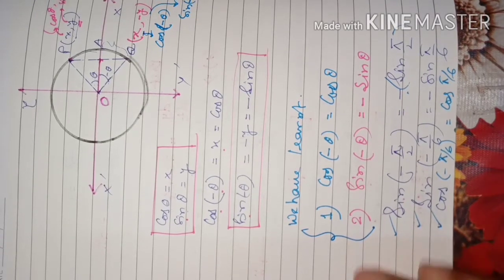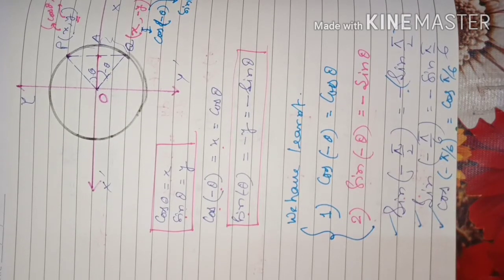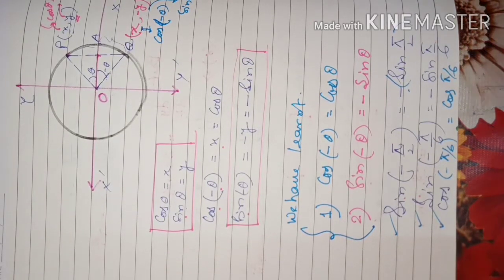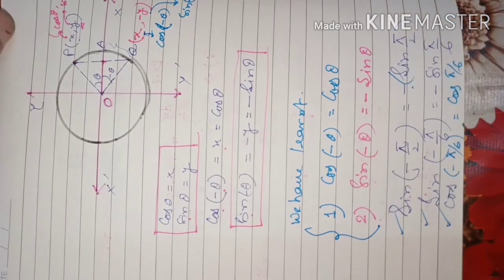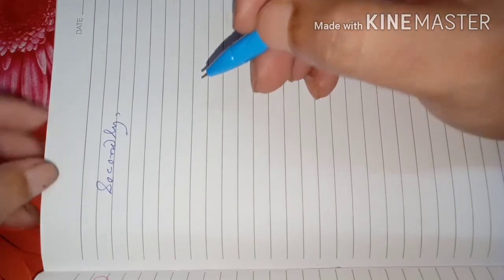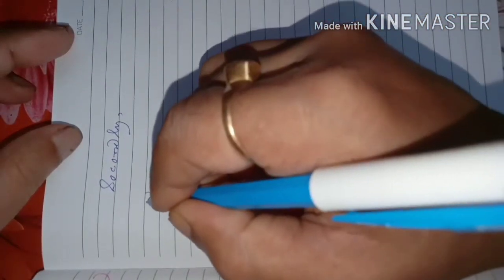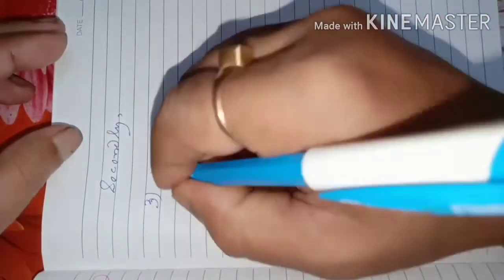Remember this. On the basis of these two, the signs of the remaining 4 ratios can also be formed for negative theta. Let us find out. We are making a new list for the other trigonometric functions. Third, tan of minus theta.